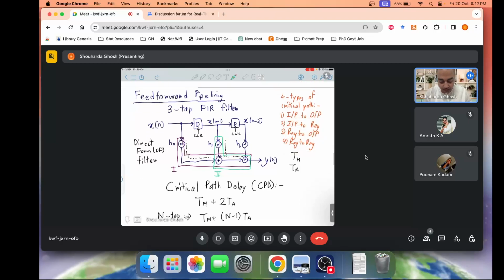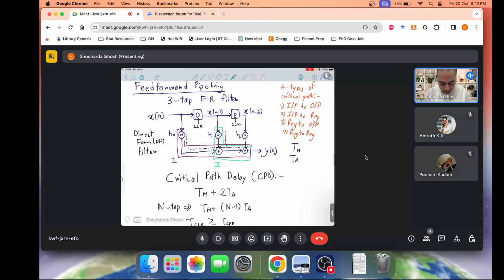So we took this example of a 3-tap FIR filter, where we found the critical paths shown over here, and the corresponding delay is Tm plus 2Ta. There are 2 paths, but the delay is the same. A circuit can have only one critical path delay.